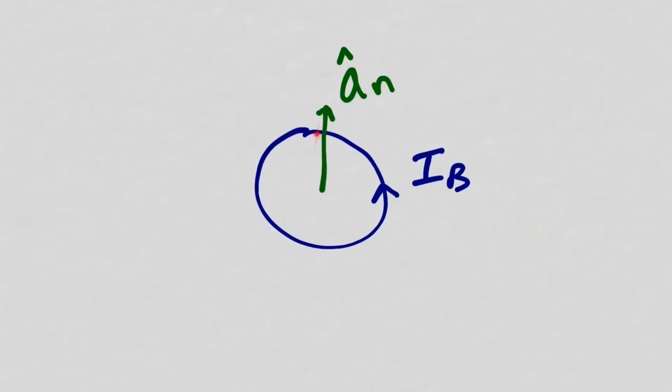So this current will represent the sum of all the bound currents from the electrons going around in orbits and the spin of all the electrons.